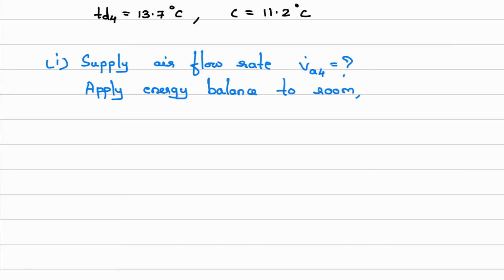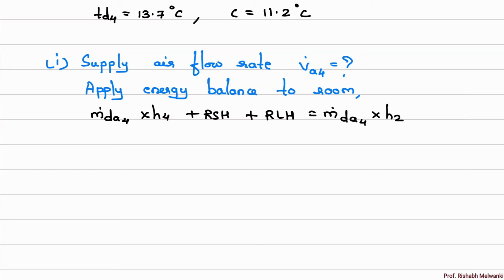What I can write: m dot dA4 into H4 plus RSH plus RLH equal to m dot dA4 into H2. Now we have to find the values of H4 and H2 from the psychrometric chart.